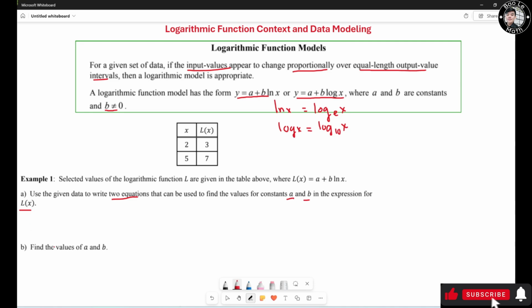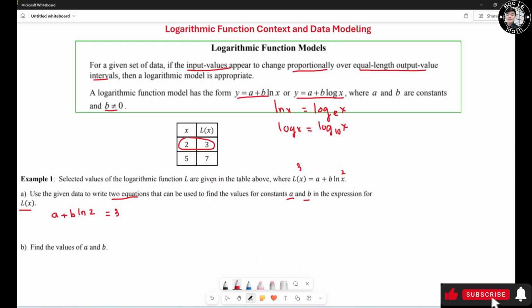Alright, so basically you have s equal to 2 and L of s equals 3, right? So you substitute over here, this guy is 3 and this guy is 2, right? So you have the first equation, a plus b natural log of 2 equals 3, right?